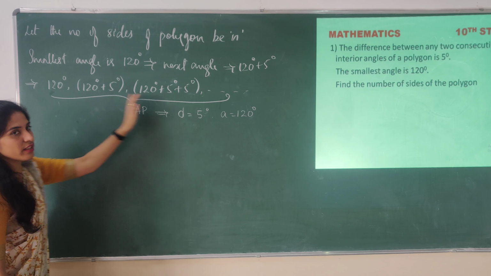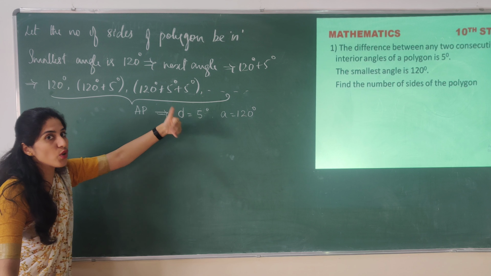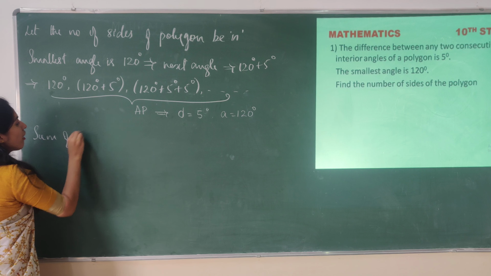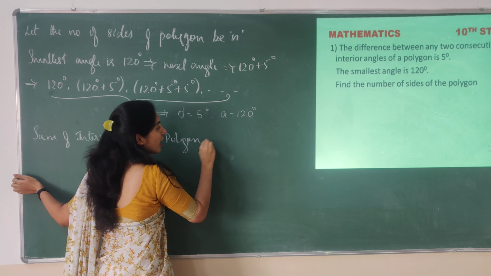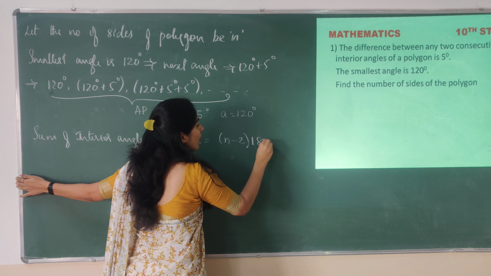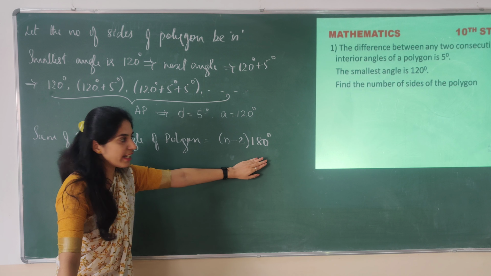If we sum up all of this, we are going to get the sum of interior angles of the polygon. We also know the formula to find the sum of interior angles of a polygon: it is n minus 2 into 180 degree.